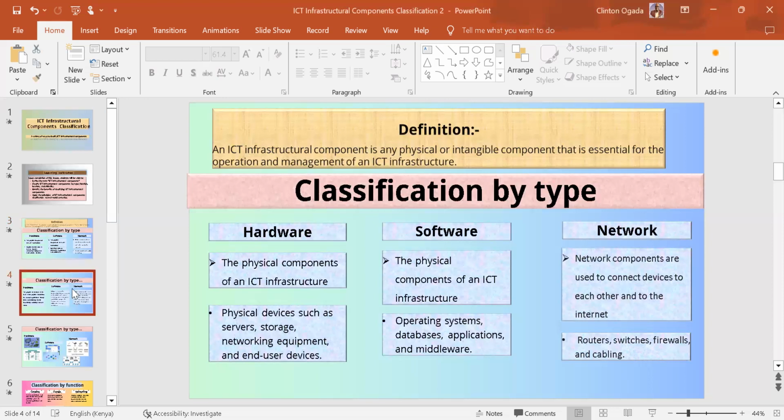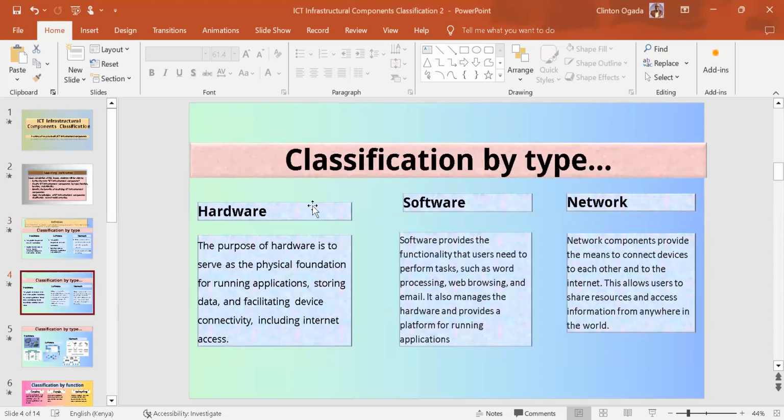Next, we look at, still under the classification by type, the hardware components. The purpose of this hardware is to serve as the physical foundation for running applications, for example, storing data and facilitating device connectivity, including internet access.